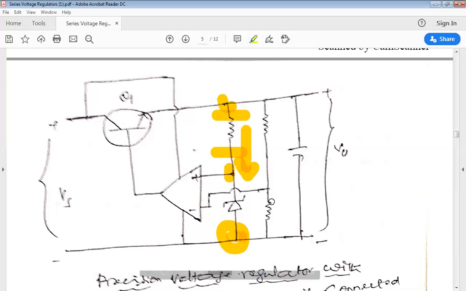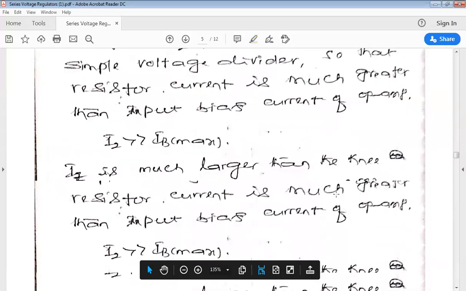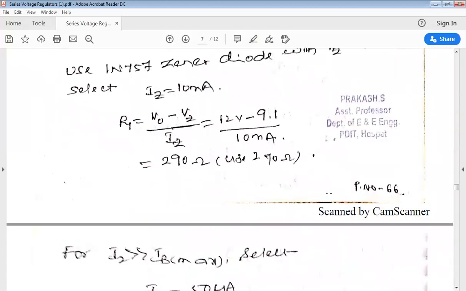So R1 is equal to V naught minus Vz divided by Iz.